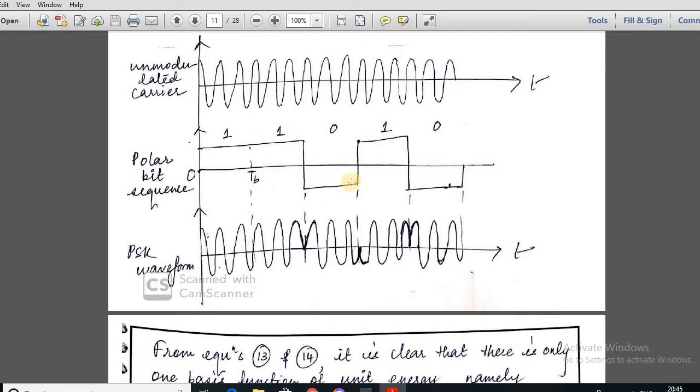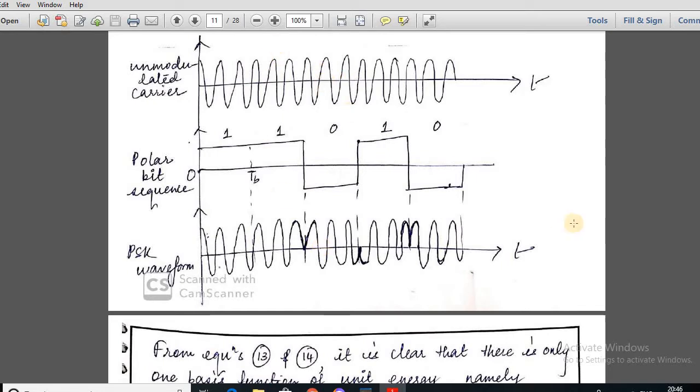But when there is a binary 0, you can see that the waveform undergoes a 180 degree phase shift. So whenever there is a transition from 1 to 0 or 0 to 1 in the input waveform, we can see a 180 degree phase shift in the output waveform. So the waveform is 180 degrees out of phase compared to that of the carrier waveform.